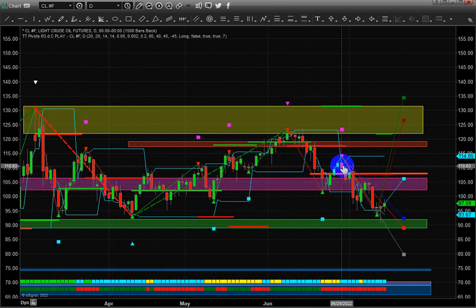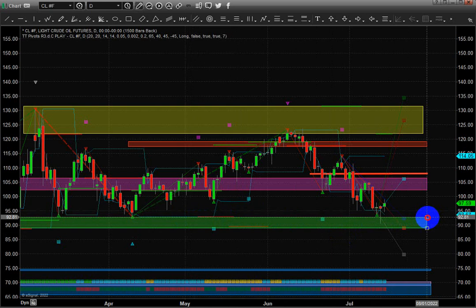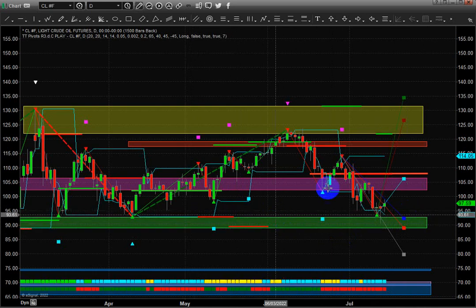We've rolled through that, stalled about midway through this trend, so it's come back about 50%, and now we've broken down to this lower zone, really down in this area. And what we're looking at is we've bounced off of this level.